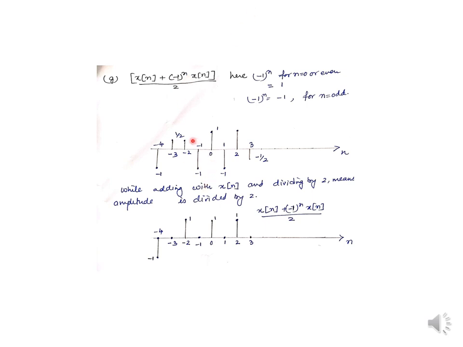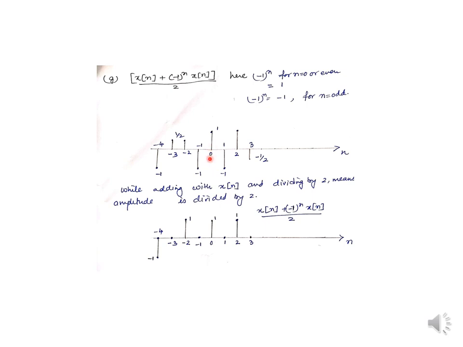So in this way, you can see at minus 4 the amplitude remains the same, minus 1. At minus 3 the amplitude becomes positive 1 by 2. At minus 2 the amplitude remains the same. At minus 1 the amplitude goes to the negative side due to minus 1.